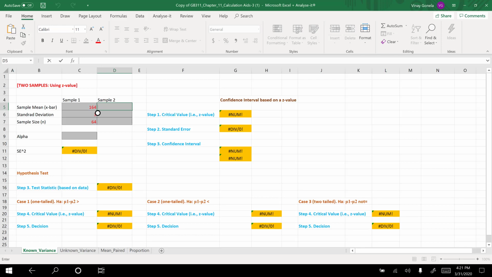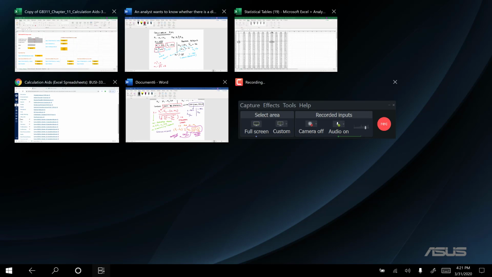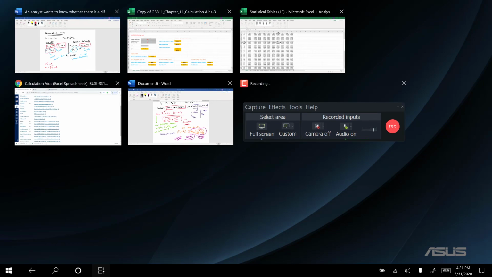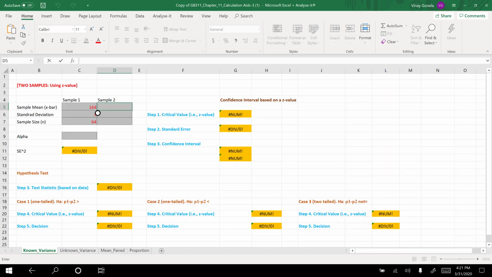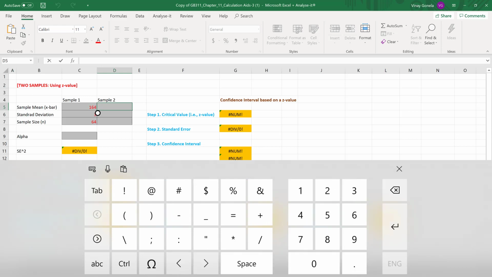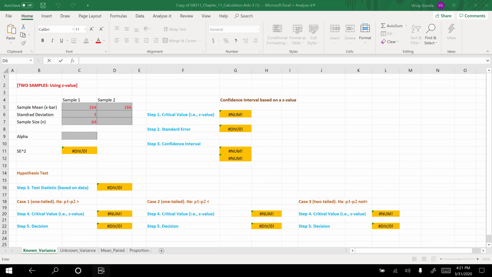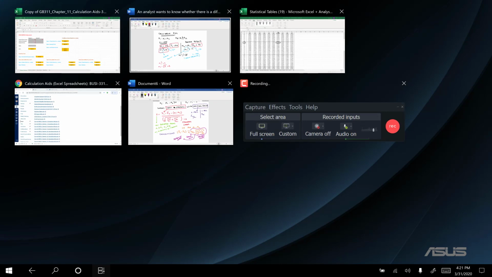And then I'm going to go to sample 2 data, which is Harker Heights. Your sample mean is given as 166. So this is 166, and then this is the population standard deviation.